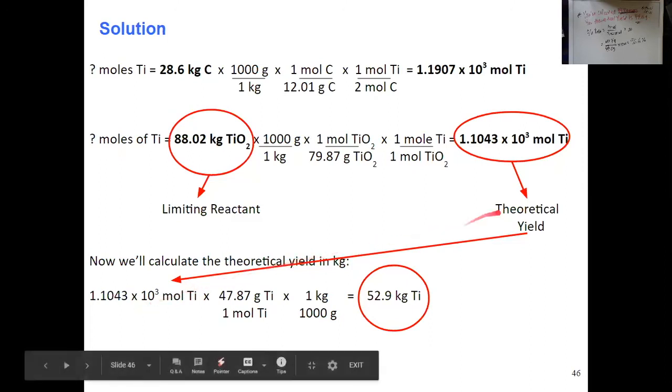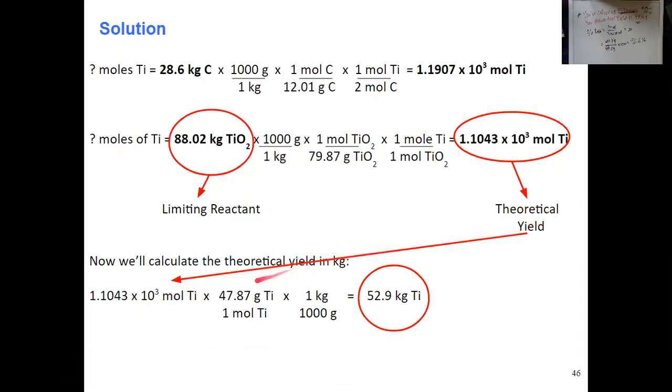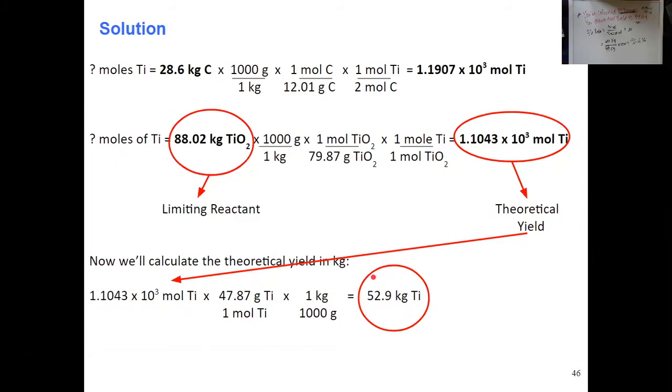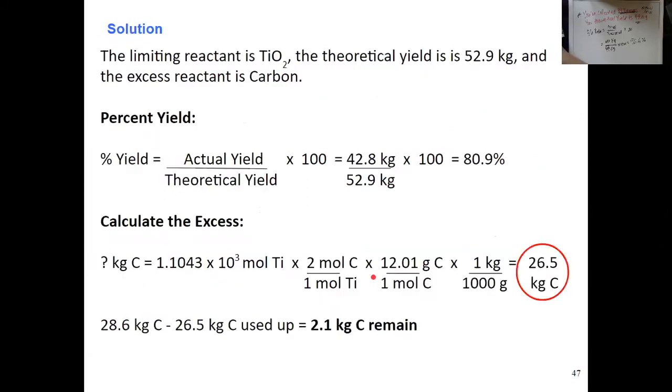So I'm going to take my theoretical yield value, put it over here, and use my periodic table to convert from moles of titanium into grams, and then grams into kilograms. And I'm going to convert that mole value into a gram value for titanium. So now I have a theoretical yield of titanium in kilograms. Okay. What else did my question ask me for?